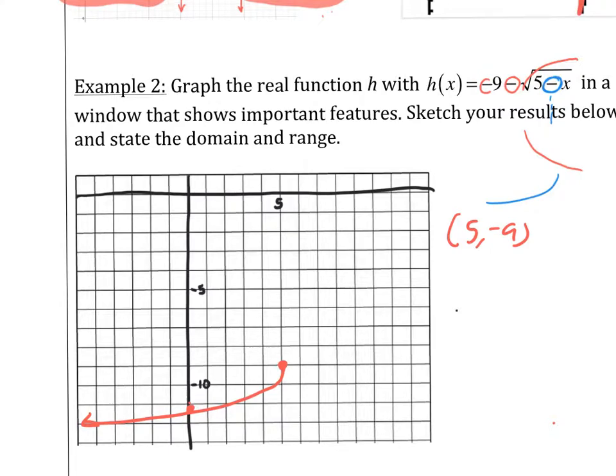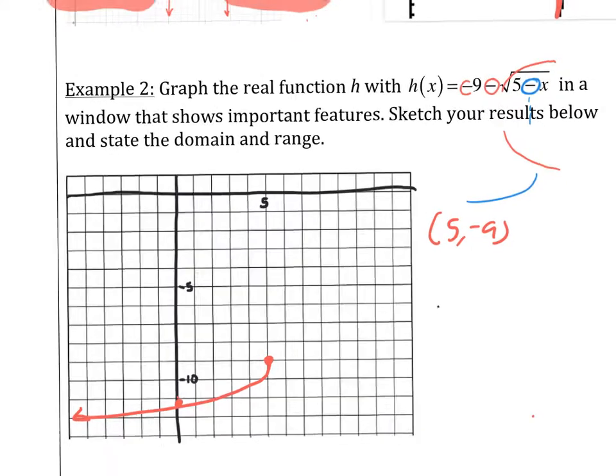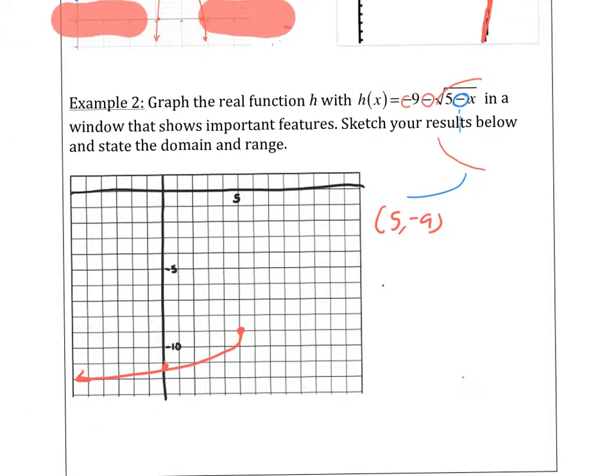Okay, so let's finish up here. What's our domain and our range? Notice our domain doesn't pass this mark going that way, so the domain is only this way. And of course, our range doesn't pass this one going up, so it's everything down below.